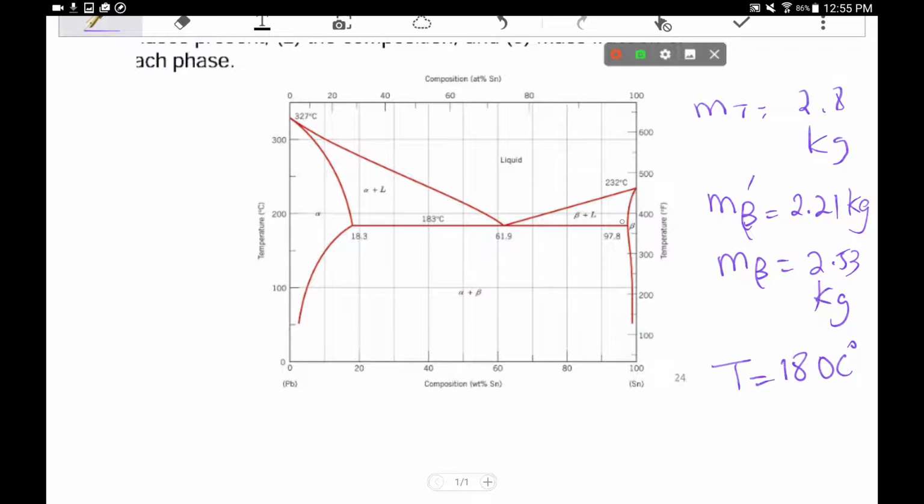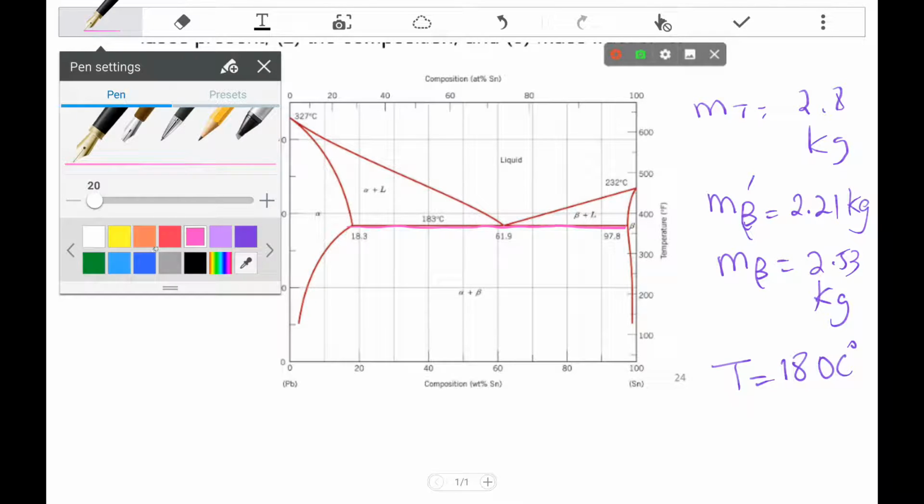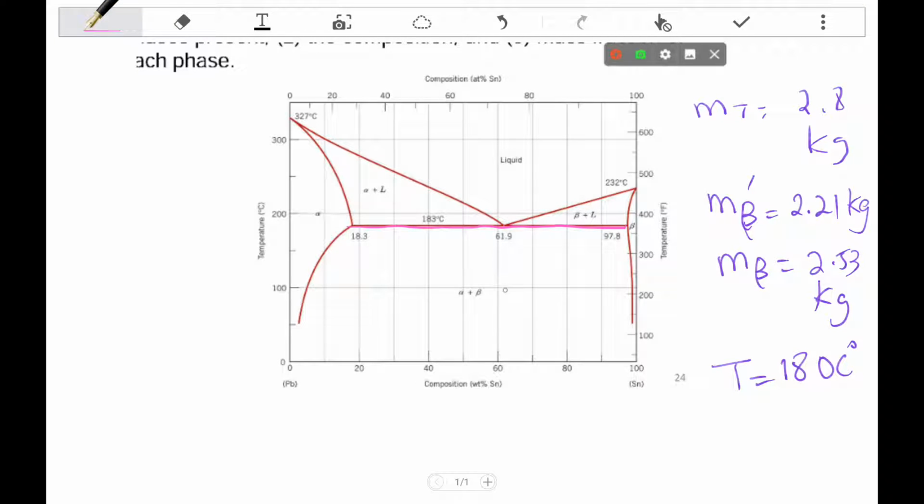So we can assume that's just below the eutectic line. Right here, this is the eutectic line. What we're looking for is a composition between the eutectic point and the beta, the maximum solubility of lead in tin, right here.